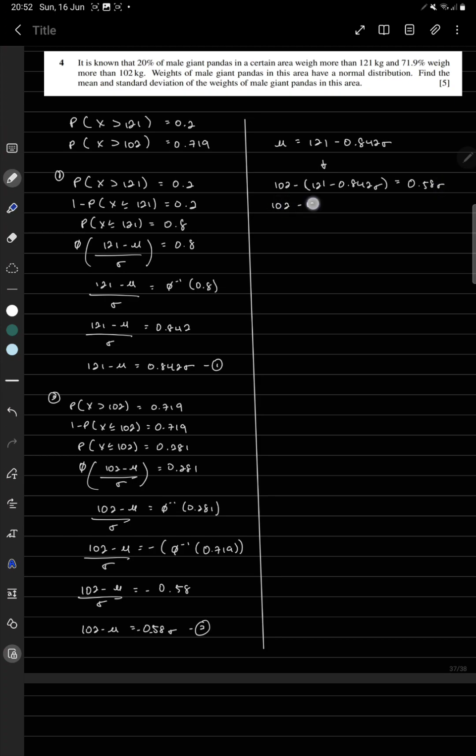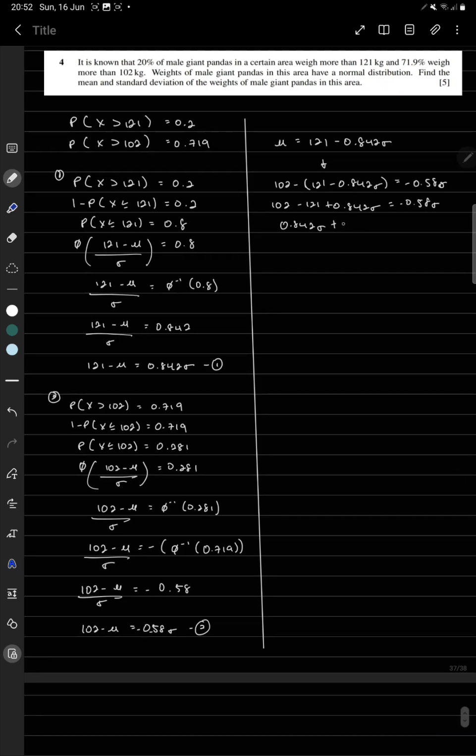So let's expand this. 121 plus 0.842, negative 0.58. I want to make sure the standard deviation is on one side. The 0.842 is supposed to be negative here. So we have negative 0.842 standard deviation plus 0.58 standard deviation equals 102 minus 121, which is negative 19, and this is going to be 1.422.